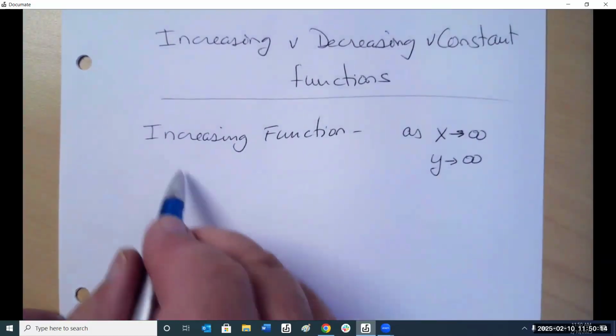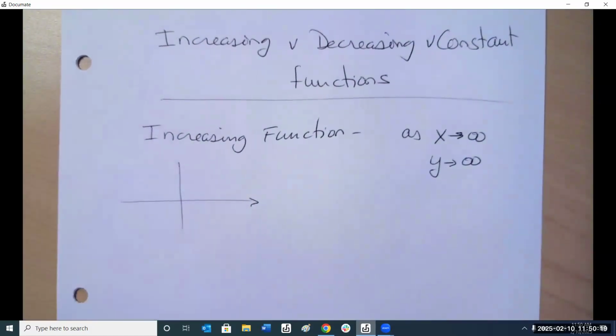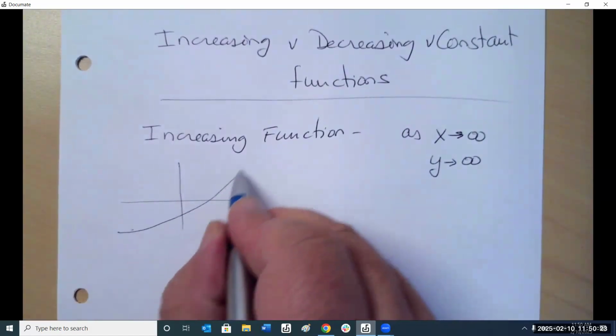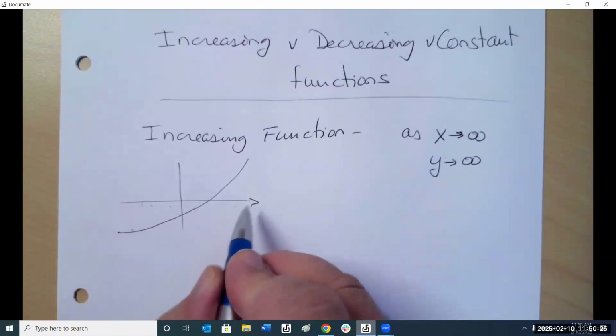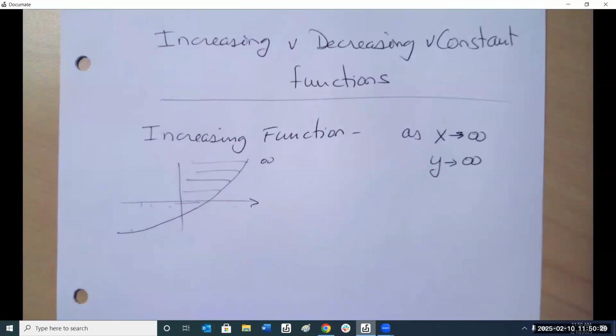Because as we go on our graph, x always goes to the right. So we know it's increasing because as x goes to the right, the values of y keep on going to infinity. Right.